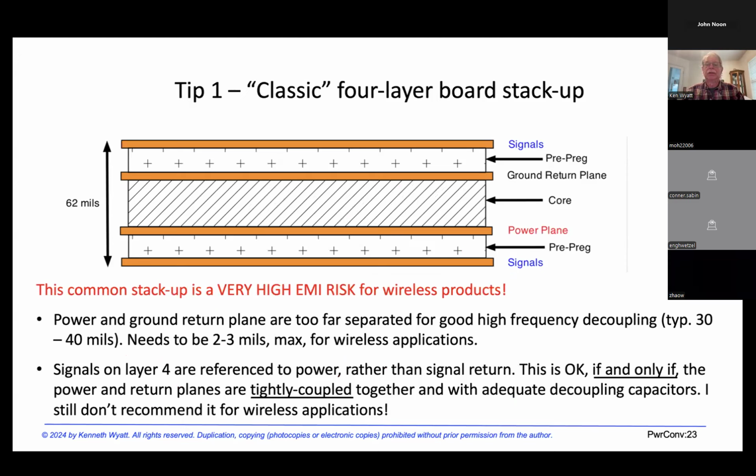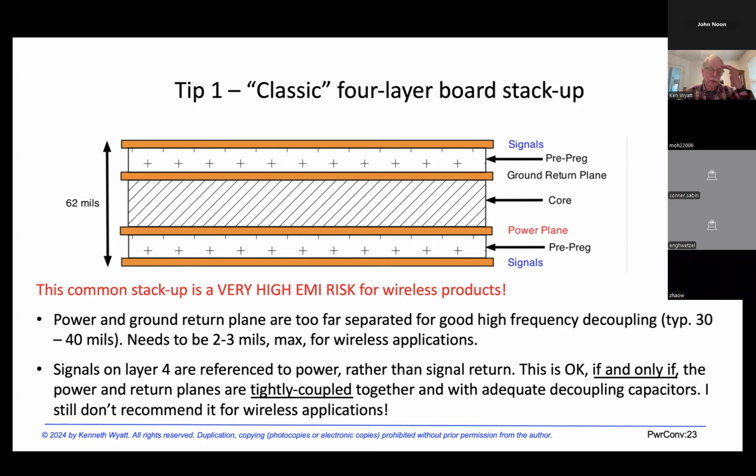So what that means is, because we want to keep the electromagnetic wave trapped at all times between the circuit trace and the return plane, that really dictates our circuit board design. And here's a diagram of a very typical 4-layer board with signal and ground return on the top 2 layers and a power plane and signals on the bottom 2 layers.